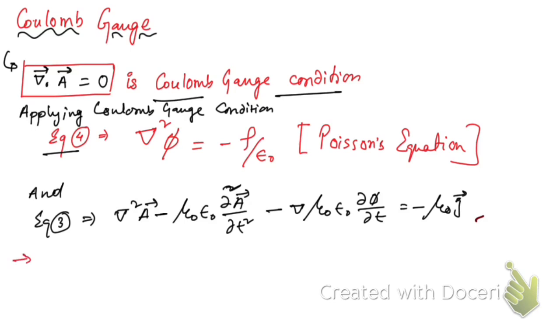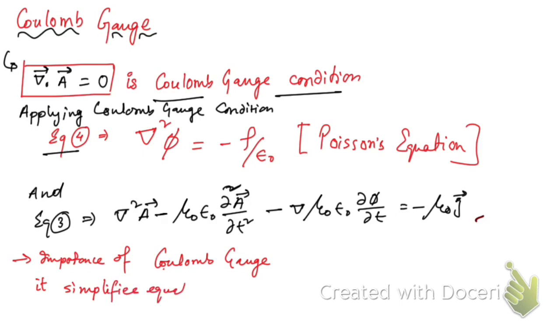Its importance is that it simplifies the equations and separates the scalar and vector potentials, right? So hope you have understood this.